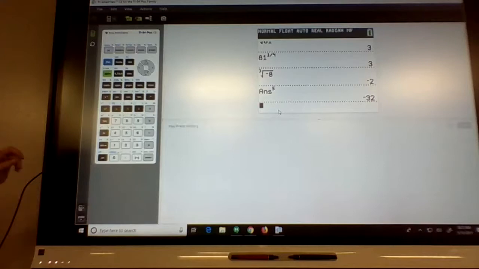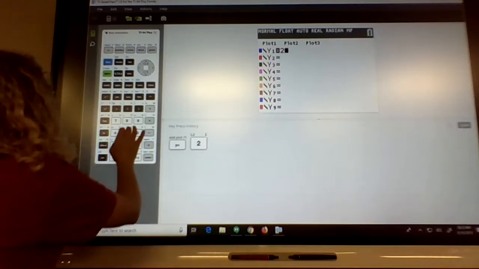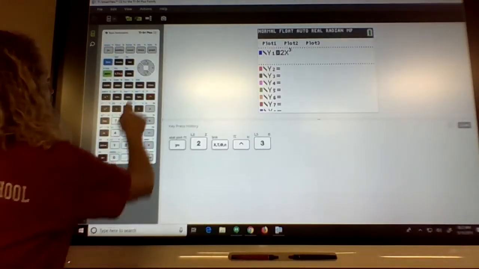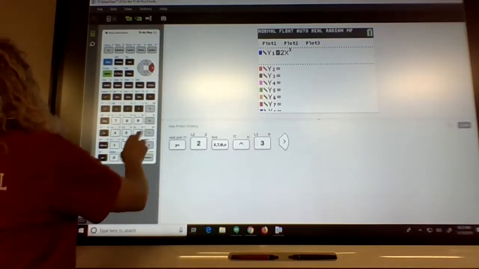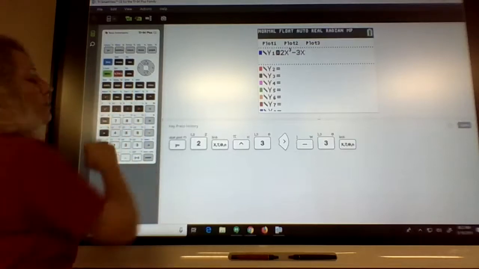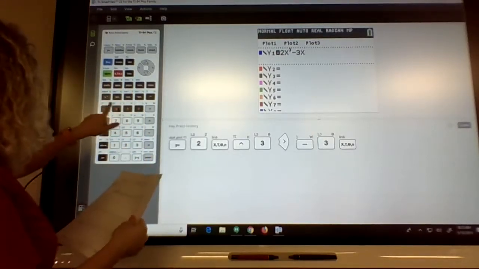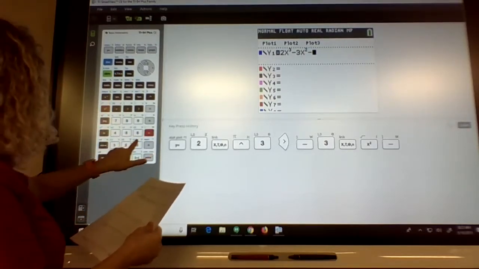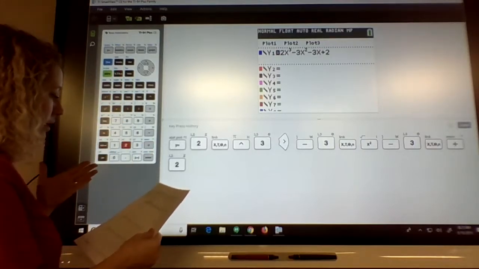Okay, so if I want to graph, I'm going to go to y equals, and I'm going to put in 2x cubed, x cubed minus 3x squared minus 3x plus 2.